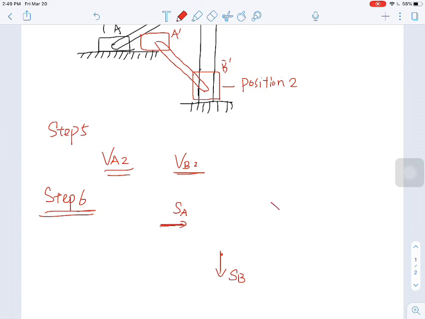So actually you can use a triangle now to show this. The distance is L, which is the length of the bar, and this is our SA, this is our SB.